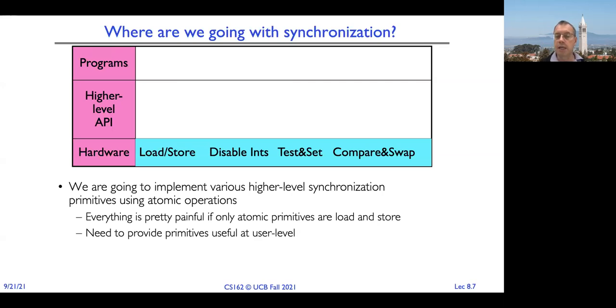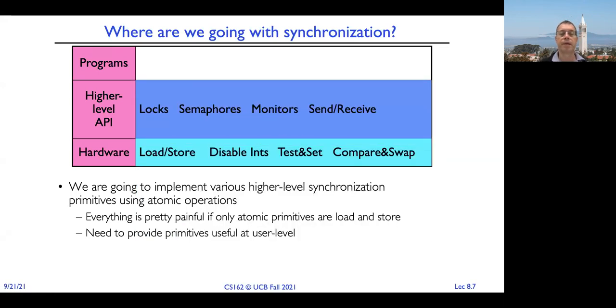And then we'll see there are a few other specialized instructions like test and set and compare and swap, which would make it much easier to implement higher level synchronization primitives. Because, as you'll see, using just load and store and disable interrupts are not ideal solutions, right?